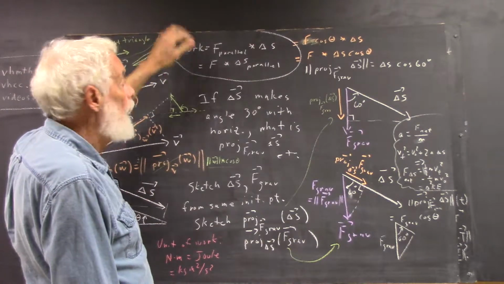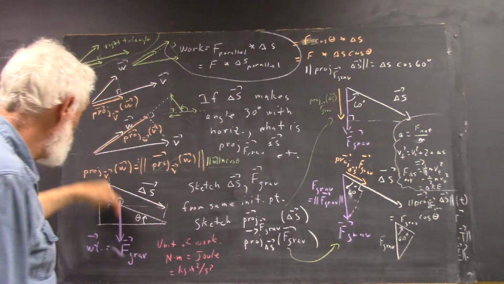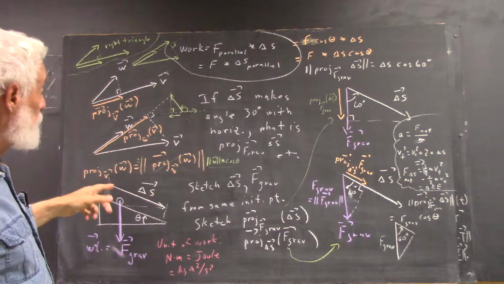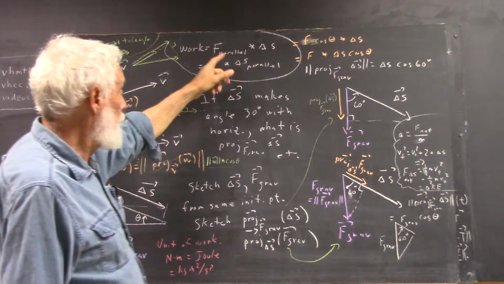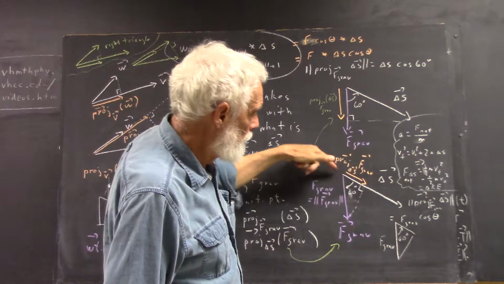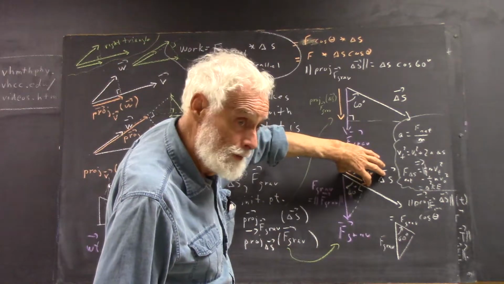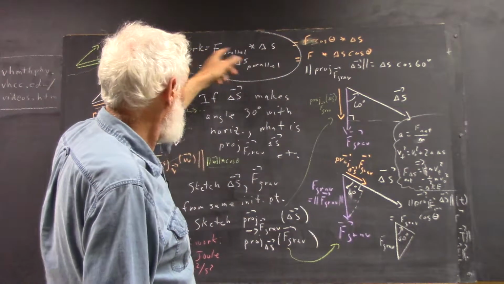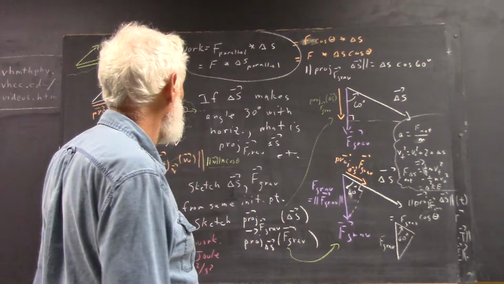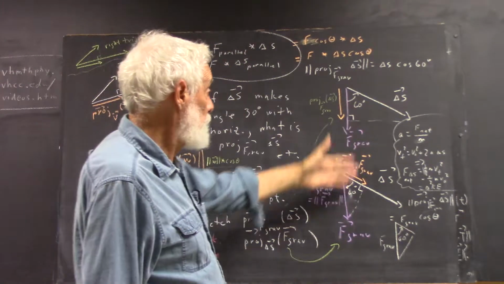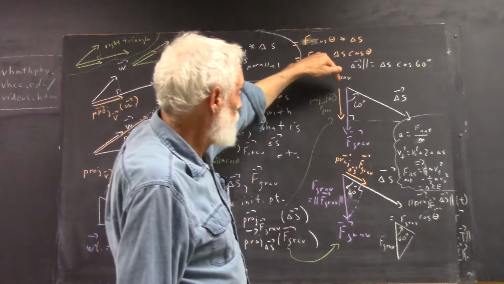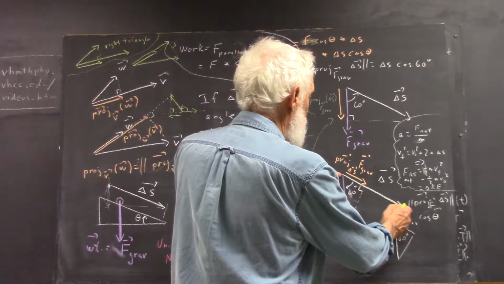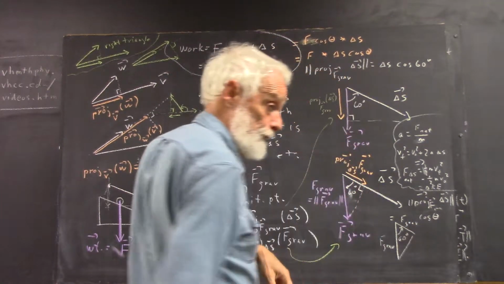Okay, the work done here by this force through this displacement is equal to the product of F parallel, the component of F parallel to delta S, just the scalar projection, multiplied by delta S. And it's also equal to what you get if you multiply delta S parallel by F. In other words, this multiplied by this is the same as this multiplied by this.